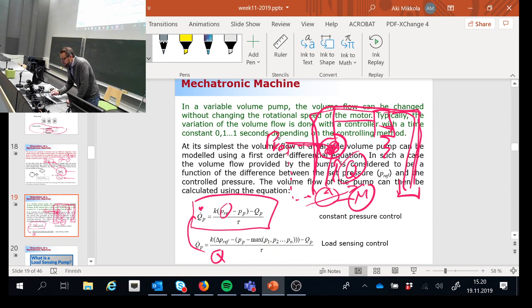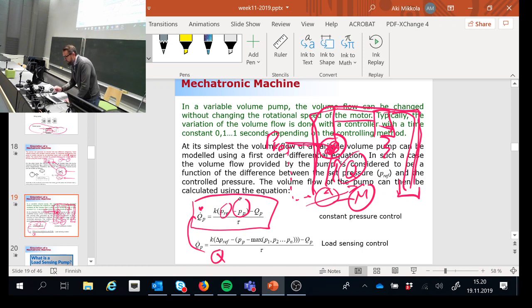And then you compare that to measurements that you obtain from that particular location. If the measurement is less than the set pressure, then you produce more flow rate to your system. If it is equal or more, you don't produce the flow rate.